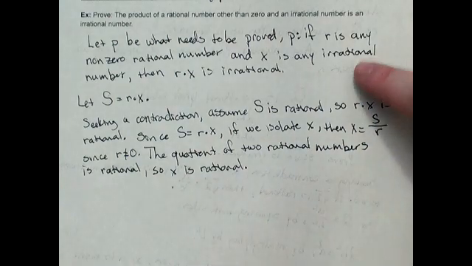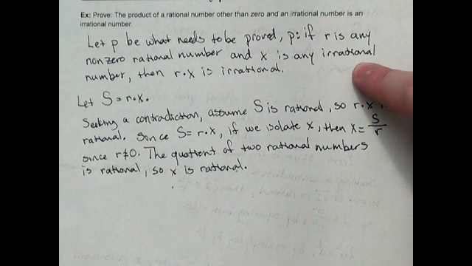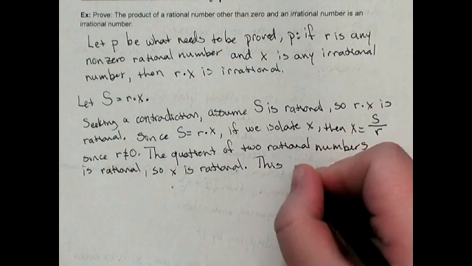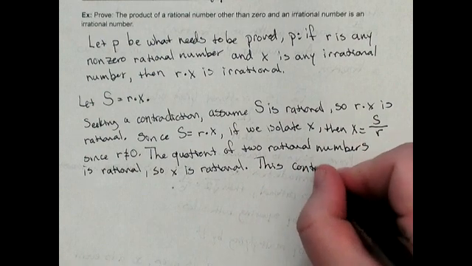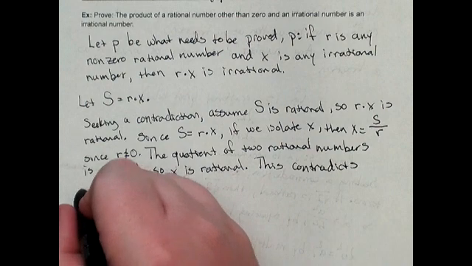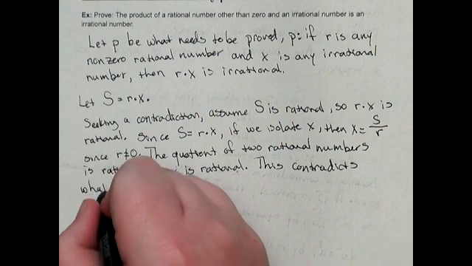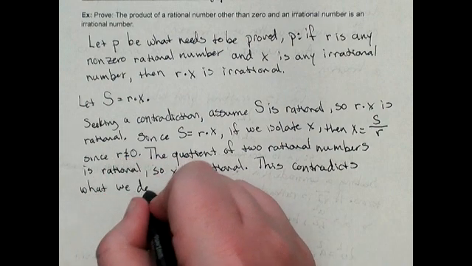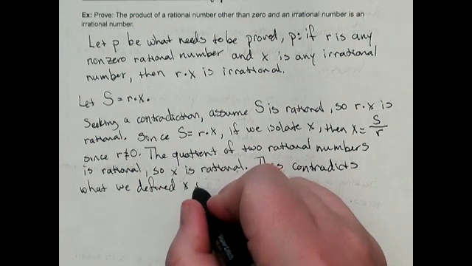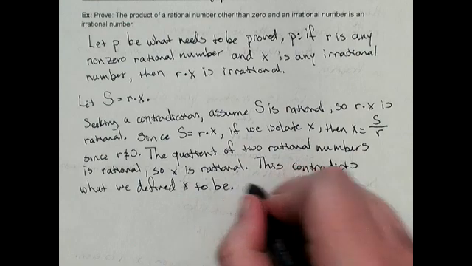But wait, we earlier said that x is irrational. So we can say this contradicts what we defined x to be.